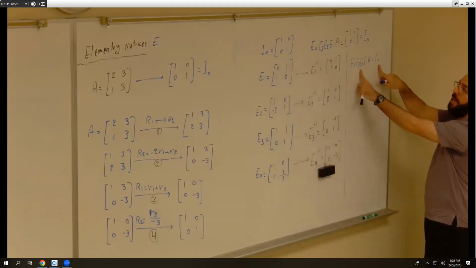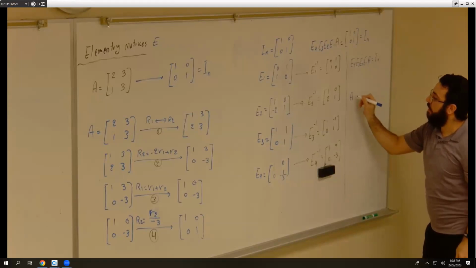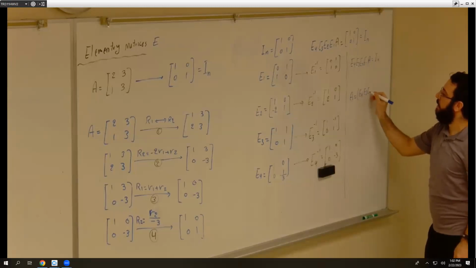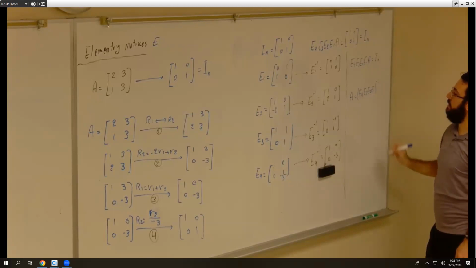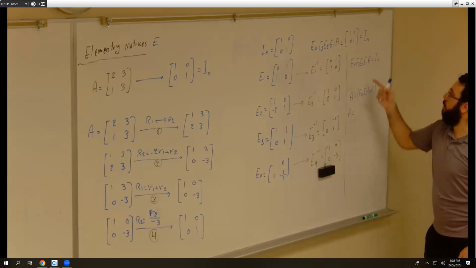If I multiply both sides by the elementary matrices, if I need to find the matrix A, it's going to be E4, E3, E2, E1 inverse. That means A goes with the identity.